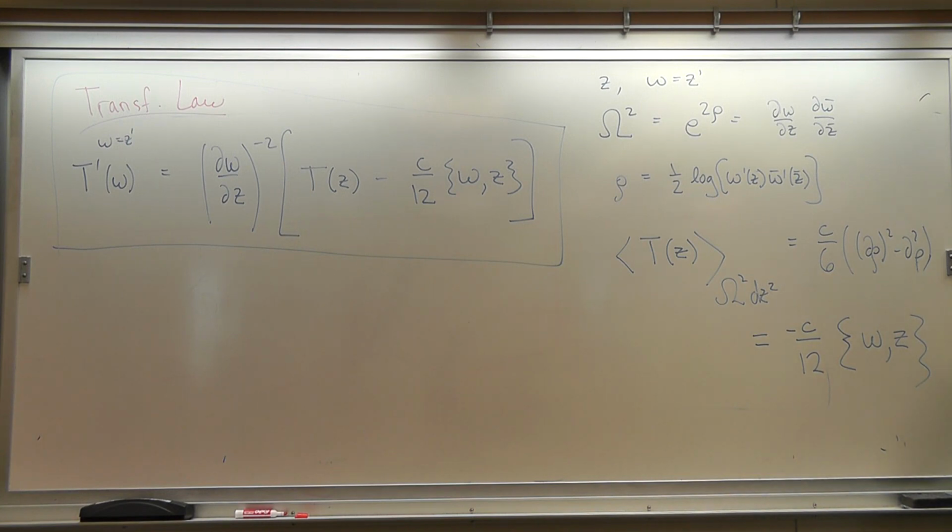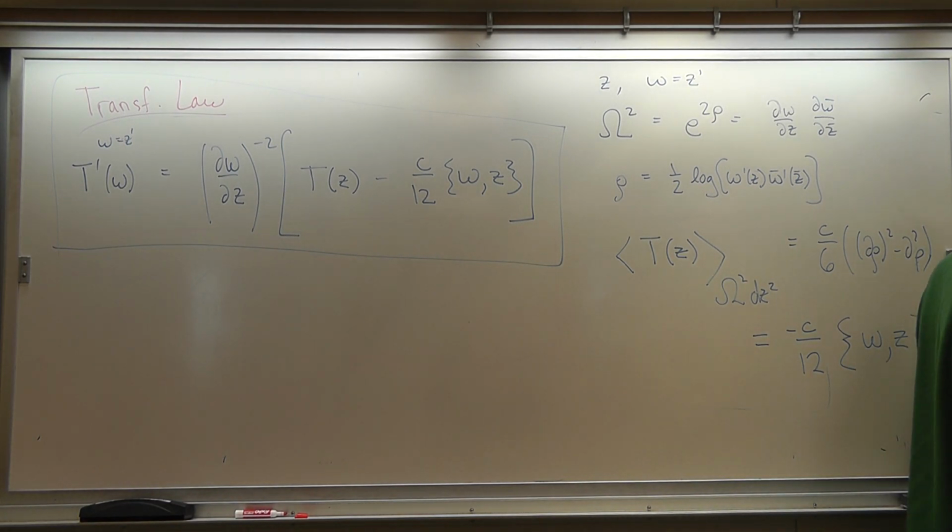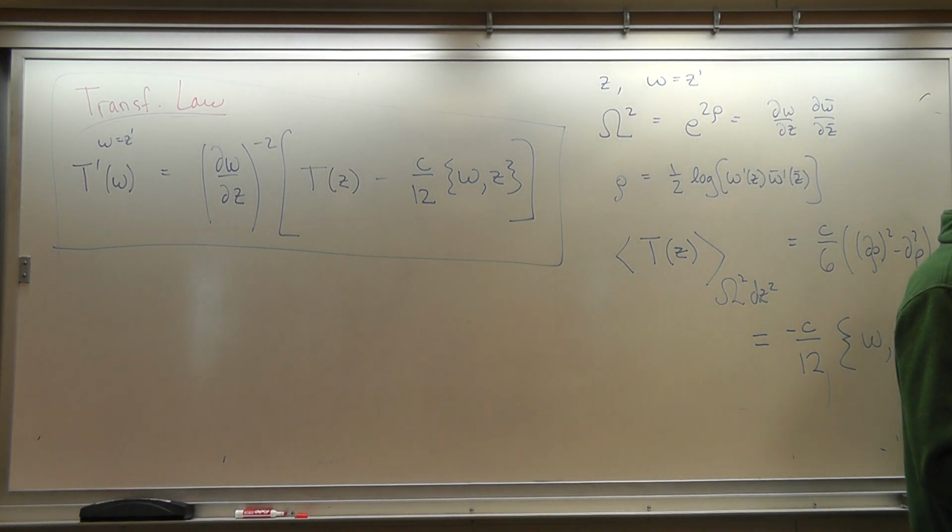So we're doing the same thing on the two sides, but on one side we're interpreting it as a conformal transformation, and on the other side as a Weyl transformation, one that corresponds to a change of coordinates.